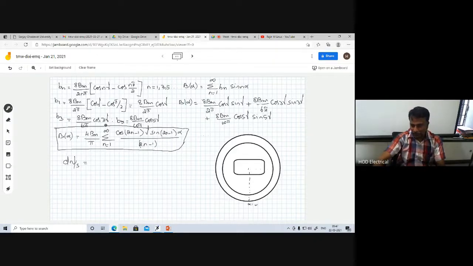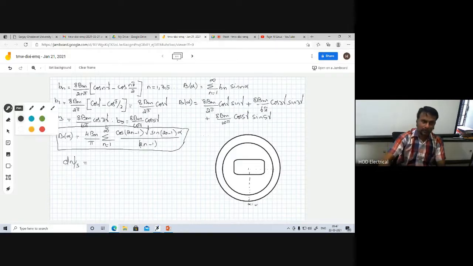The flux will be distributed over the inner surface of the stator circumference. Let me take a small angle, d alpha. In this small angle, what is the magnetic flux density?